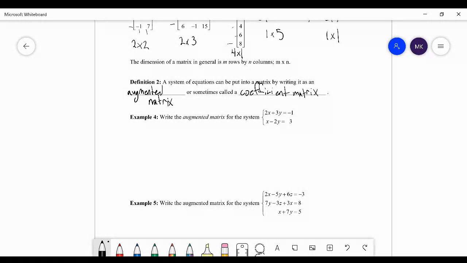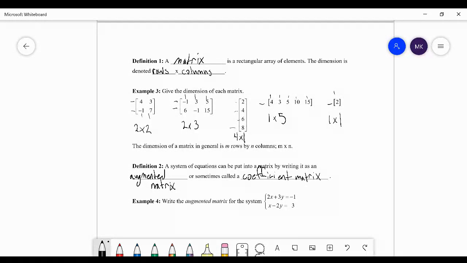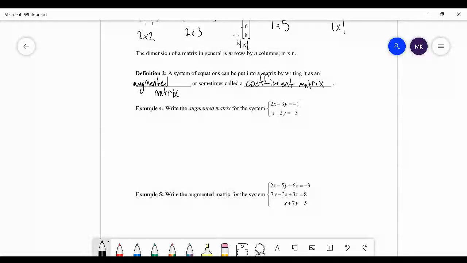And so the way it works, notice the way these matrices are written. These have these square brackets. Since this is a system with 2 equations and 2 unknowns, our augmented matrix, I'm going to draw this really big.